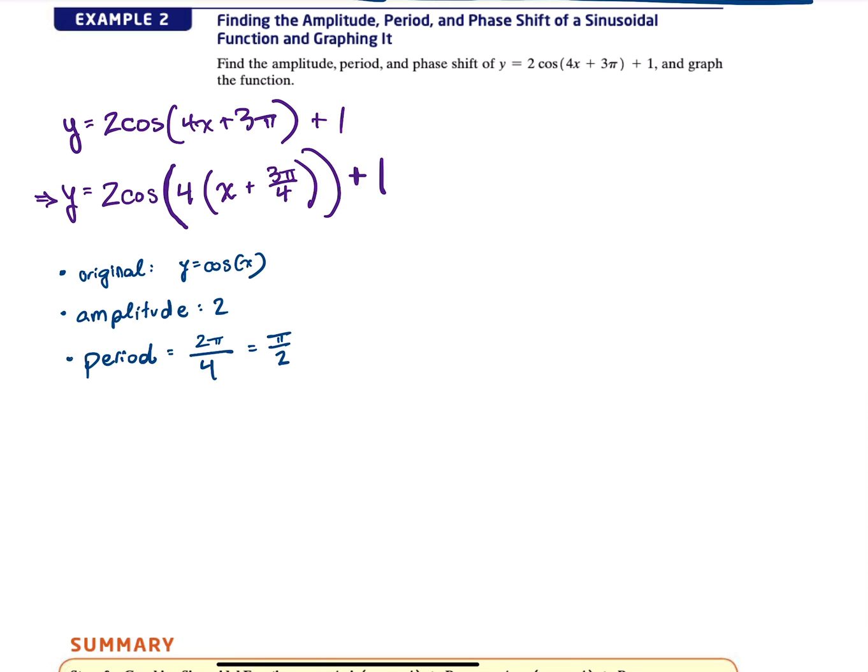And then our phase shift, now that it's factored out, we can read it straight from the equation. This will be a distance of 3 pi over 4. And since there's a plus here, that means it's going to go to the left.